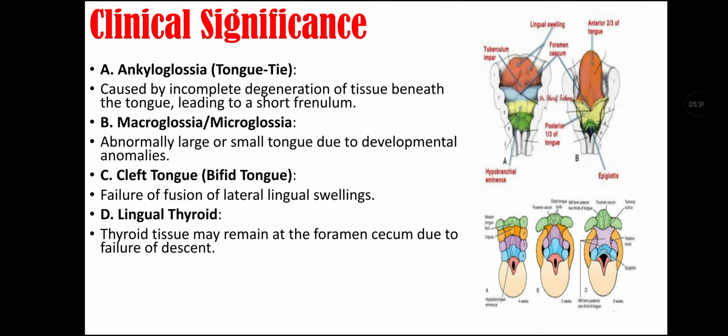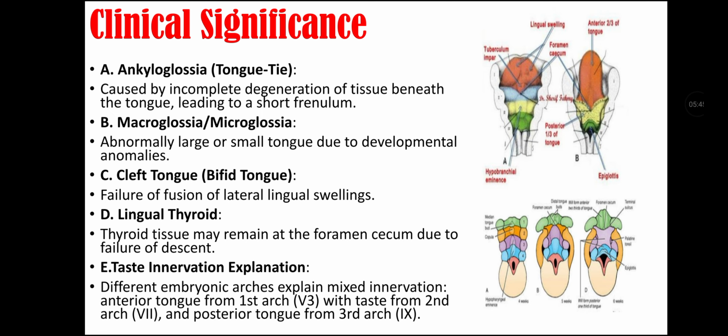Next significance of tongue development is taste innervation explanation, as different embryonic arches explain mixed innervation of the tongue for the general sensation and taste sensation. The anterior tongue is from the first arch, with the taste from the second arch.